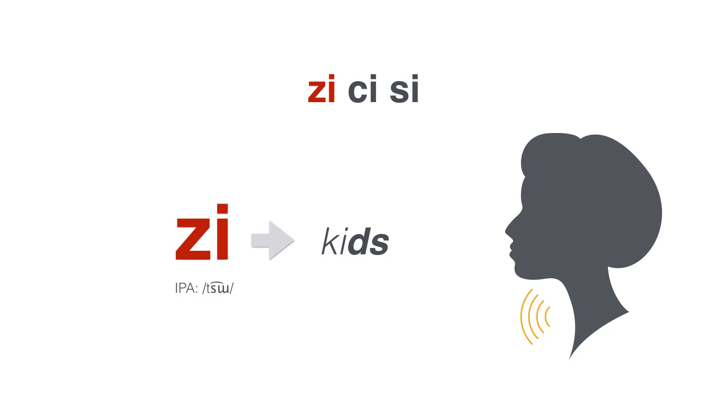However, if we have an I vowel after it, the I is not pronounced like E, so it's not pronounced like Z, right? To make the sound, simply say Z, and then keep your mouth shape and tongue position, and then add some voice to it. That is to vibrate your vocal cord.